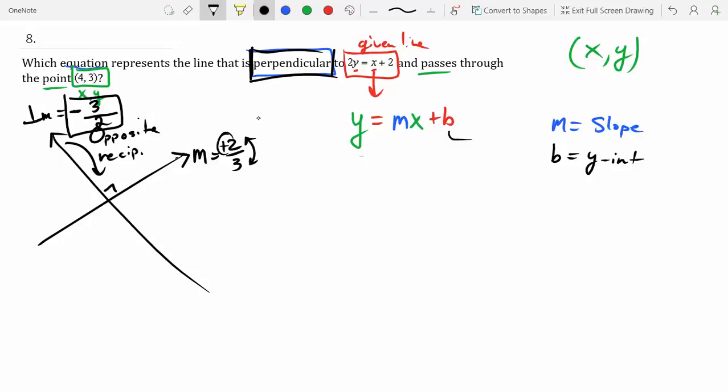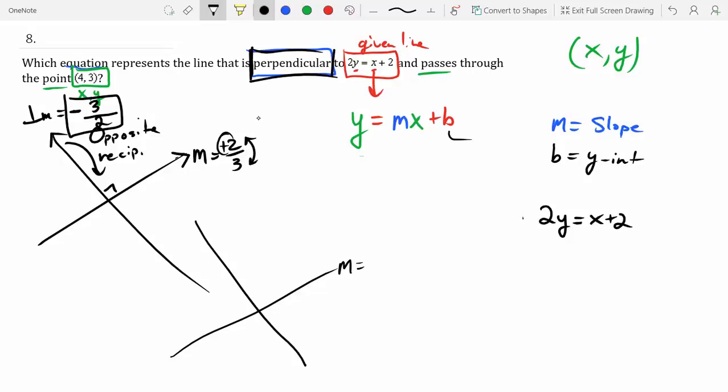So this equation is 2y equals x plus 2. That's the line they're starting off with. In order to figure out the perpendicular one, we need to figure out the slope of that line.